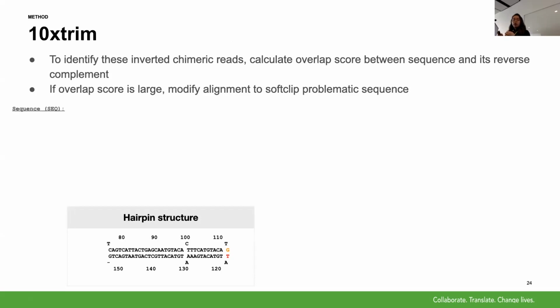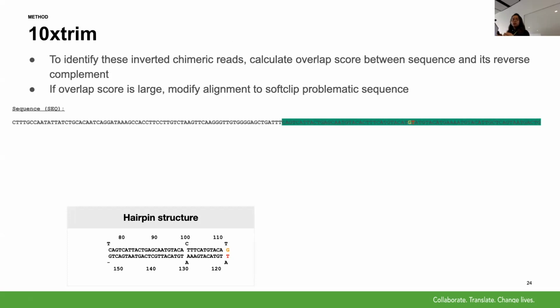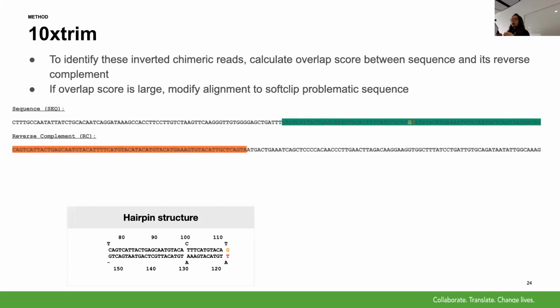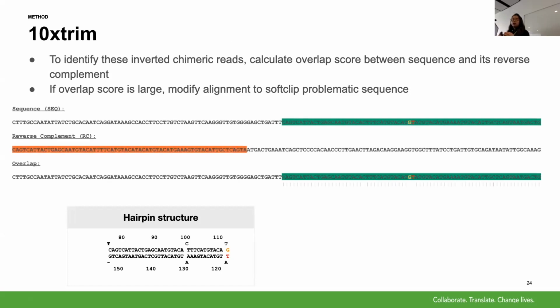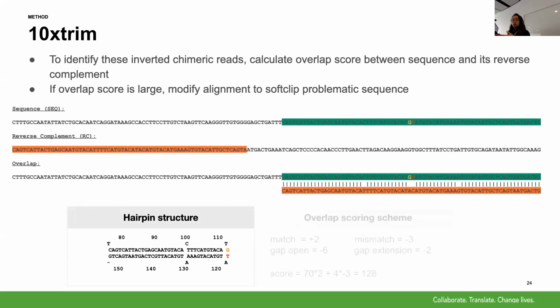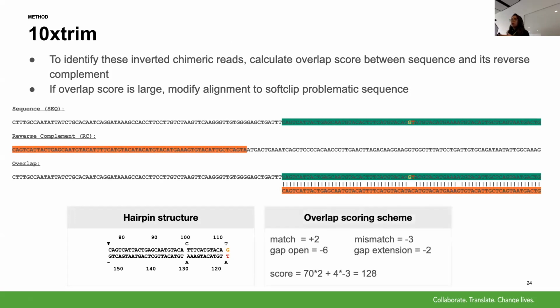For every read, we look at the sequence, take the reverse complement, and try to detect if there's a strong overlap. We give each of these overlaps a score, which is a function of the number of matches, mismatches and gaps between the sequence and its reverse complement. And this overlapping section seems to be carrying all the false positive variants.